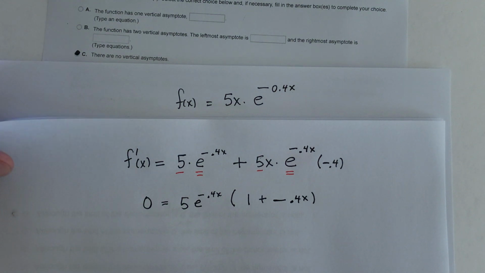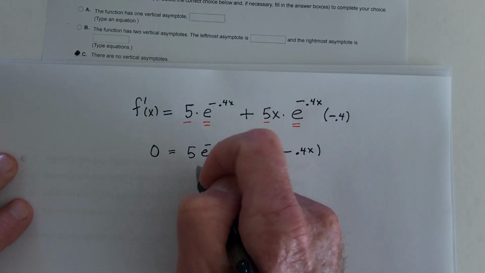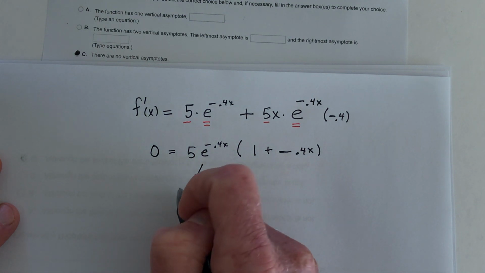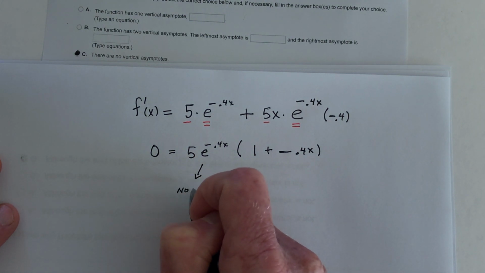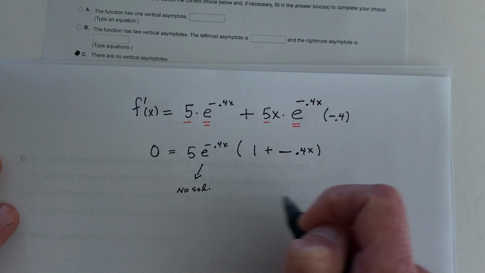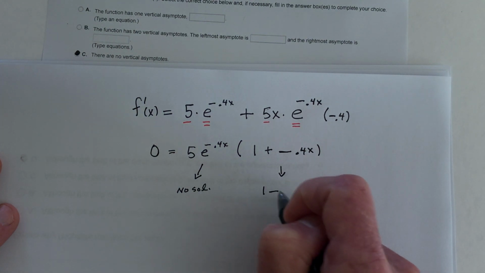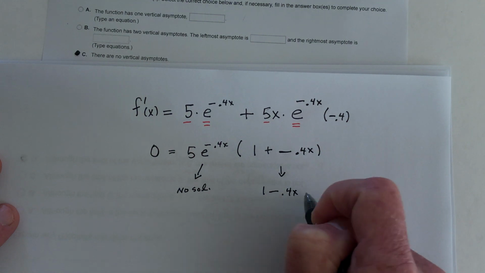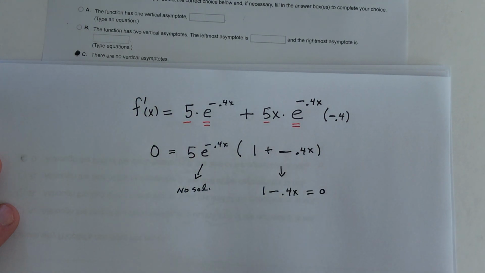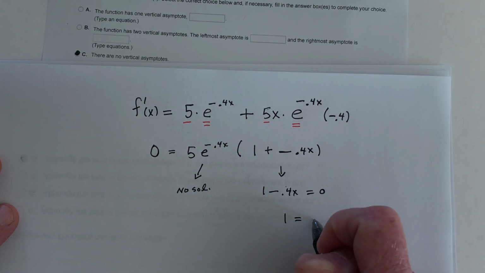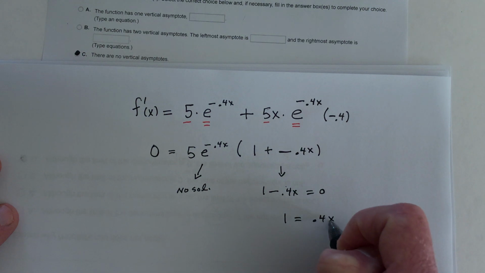Now that I have it factored, set each factor equal to 0. This one is the e function equals 0, which does not have a solution. That's not going to help. And then set this one equal to 0. So 1 minus 0.4x equals 0. Then I could add 0.4x to both sides, making it a positive 0.4x on the right side.